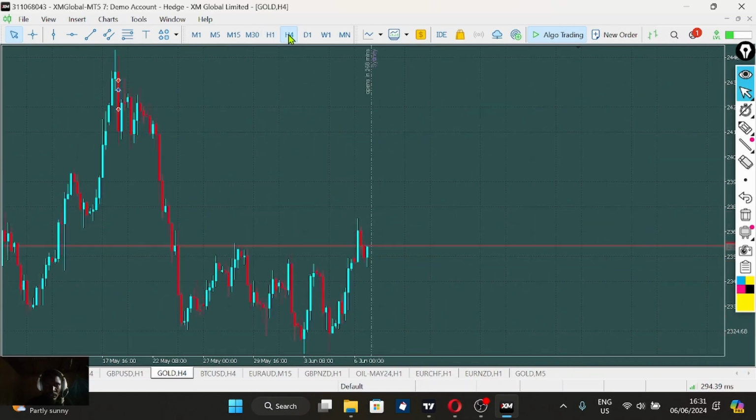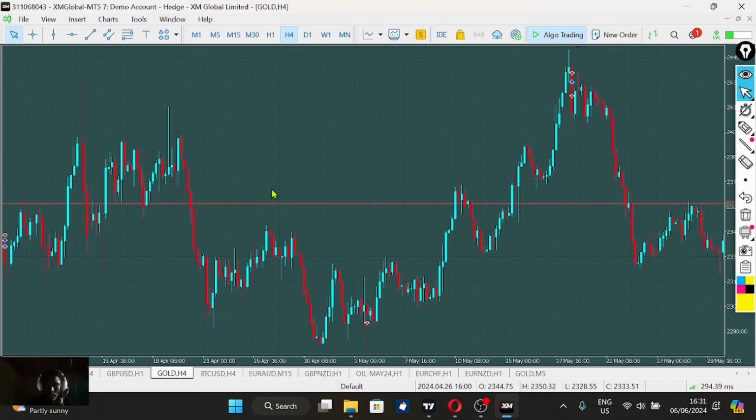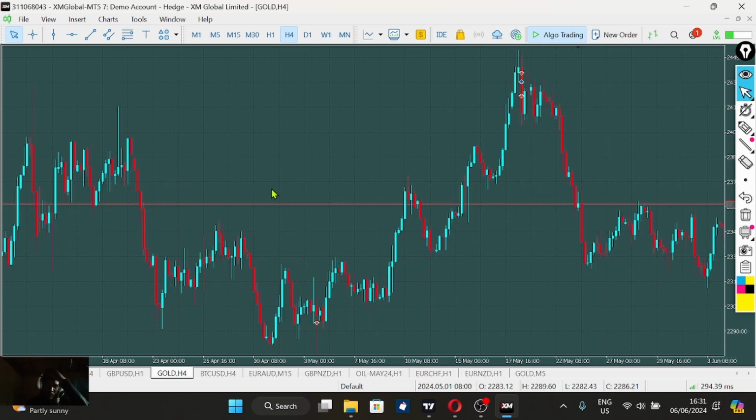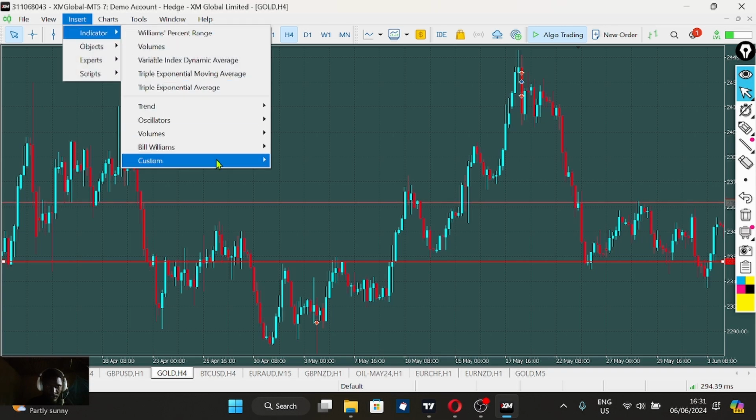Okay, let's use the 4 hours. Now, this is a reversal strategy. We shall be looking at this area. I like to use zones. I like using zones.